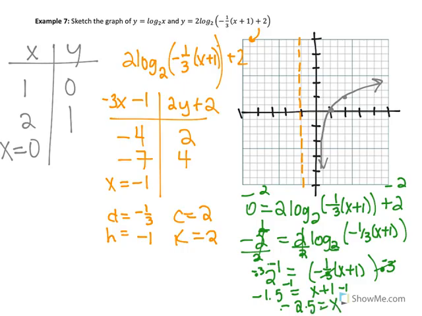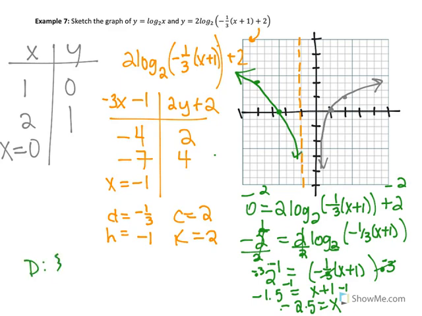So I'm going to plot my point at -2.5. We also have (-4, 2), and we have (-7, 4). I don't have room for that, so it's just going to go like that.